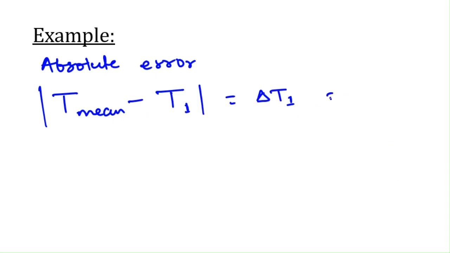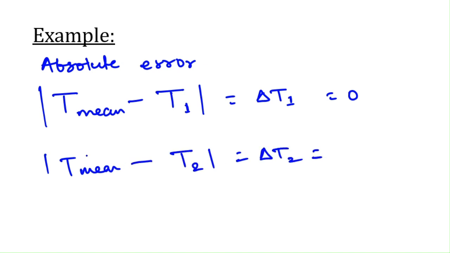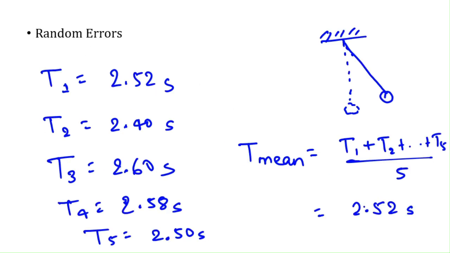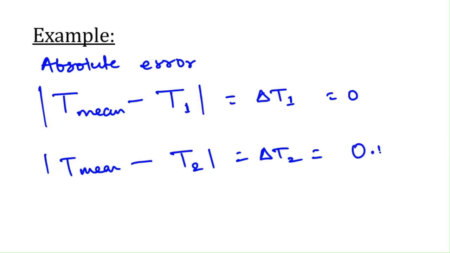So in the first case, it is 0. Now in the second case, the absolute error for the second reading will be 2.52 minus 2.40, and that will be 0.12 seconds. In this way, we can get absolute errors for other measured values.